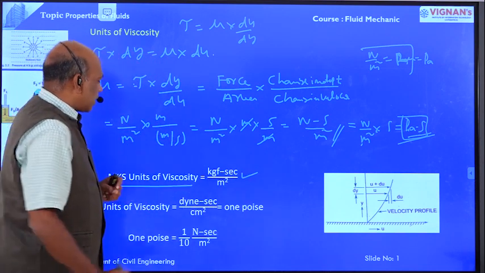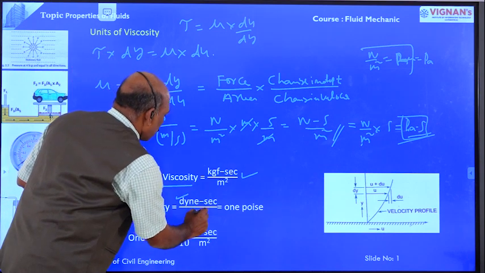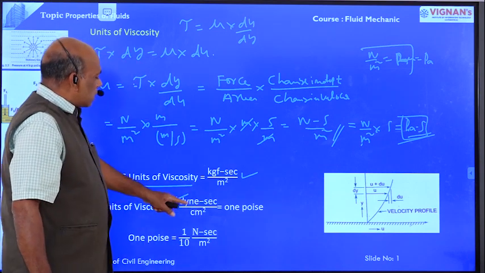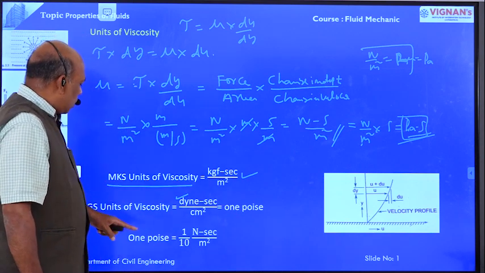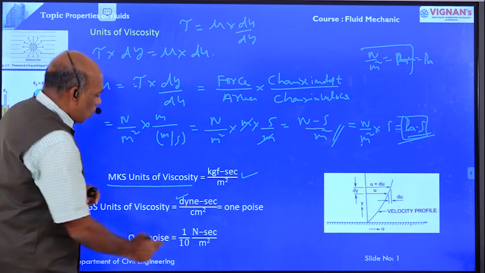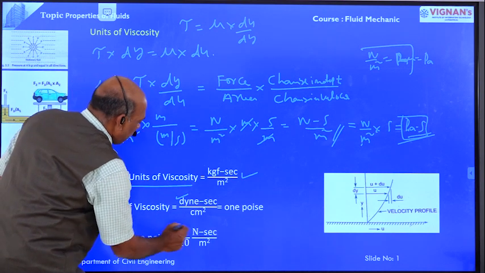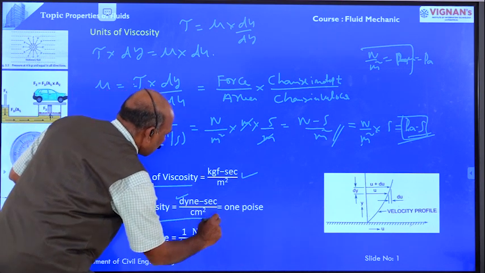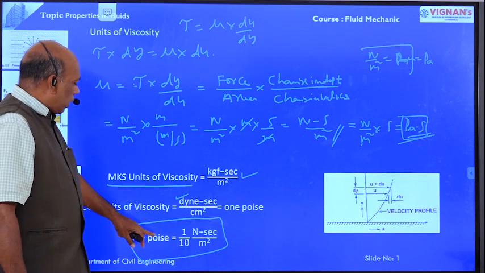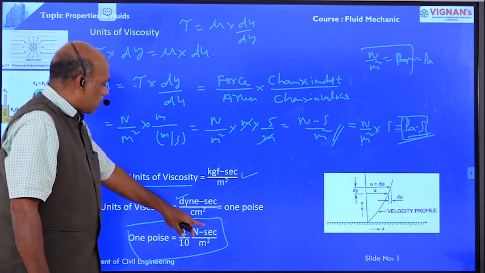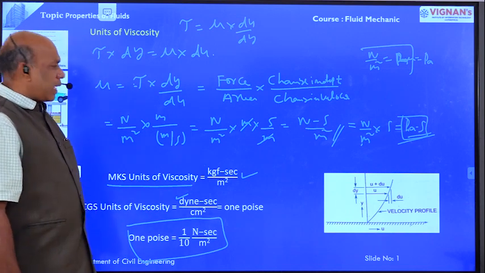CGS units of viscosity are dyne second per centimeter square, which is also equal to 1 poise. 1 poise equal to 1 by 10 Newton second per meter square. This is a very important relation where we are going to solve the problems.